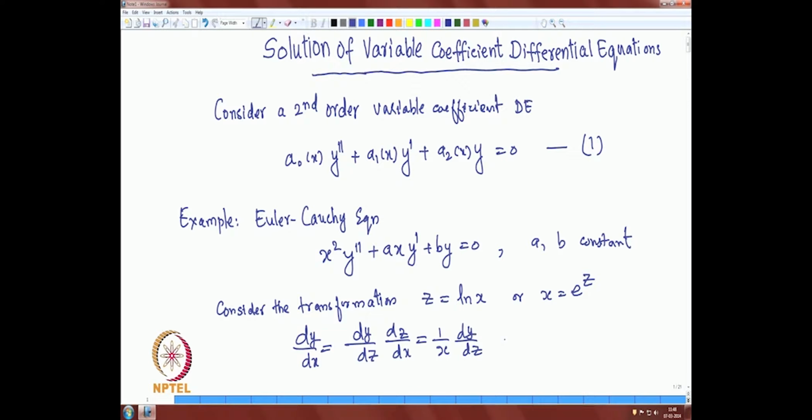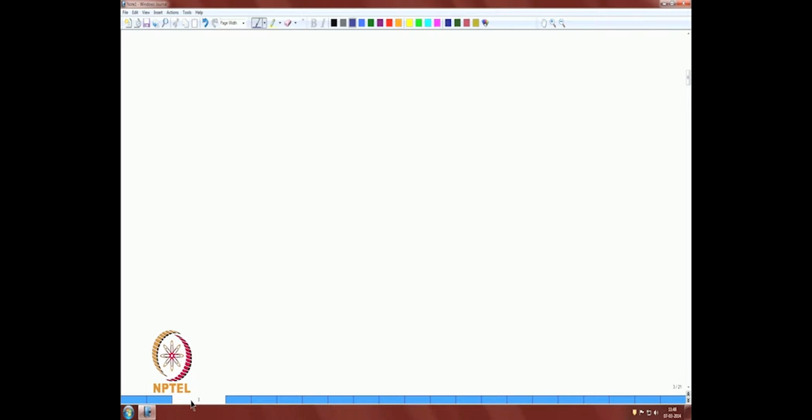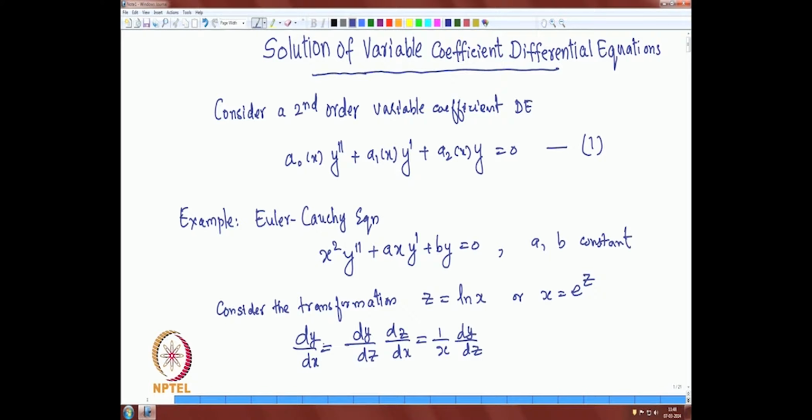If we find the second derivative, d square y by dx square is nothing but d by dx of dy by dx. We apply the rule stated just above, that differentiating a function with respect to x is equivalent to 1 by x into differentiating the function with respect to z.